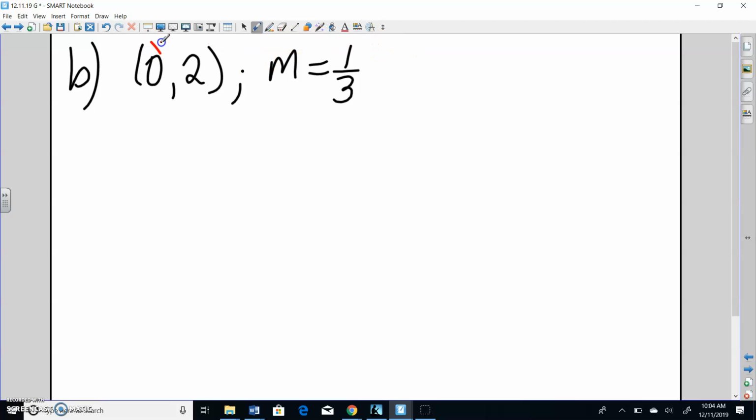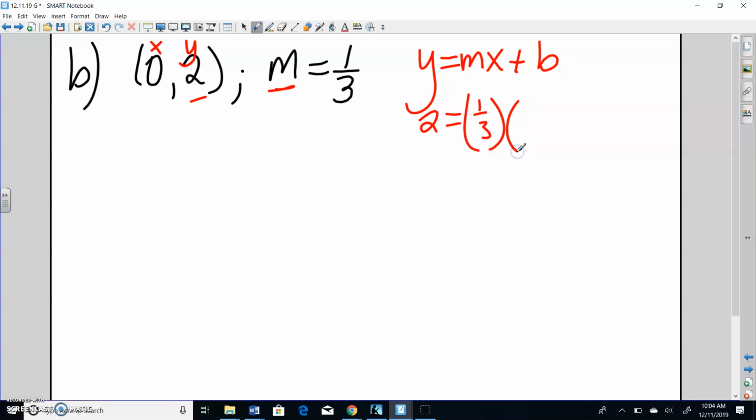So the 0, 2 gives us the x and the y, and we have the slope. We're going to plug that information into this equation, y equals mx plus b. So y is 2, so 2 equals, my slope is 1/3, times the x of 0, plus b.